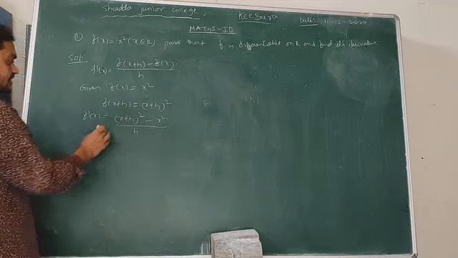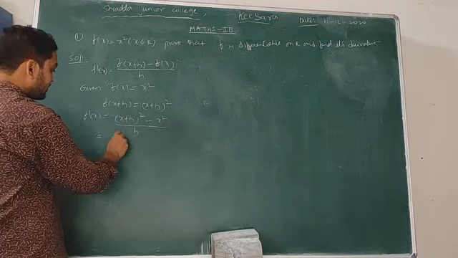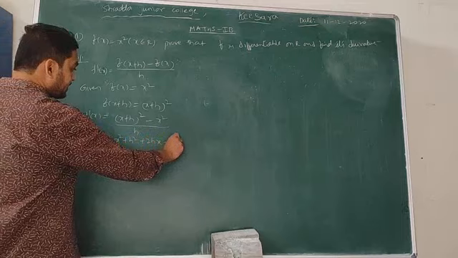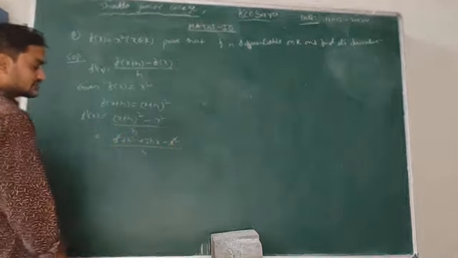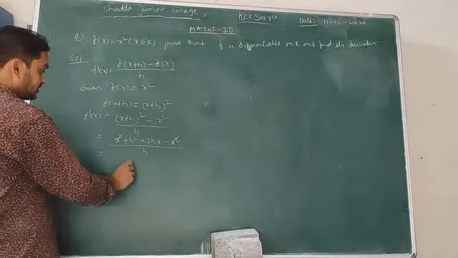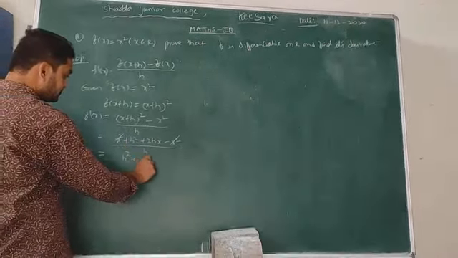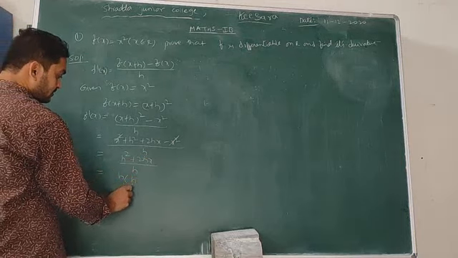What is that? It's in which form? a plus b whole square. What is the formula here? a square plus b square plus 2ab, minus x square by h. Plus x square minus x square, let's cancel here. Now x square plus 2hx by h. Now here h we are getting common.